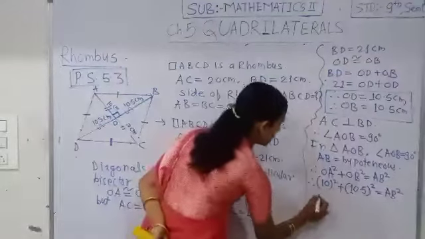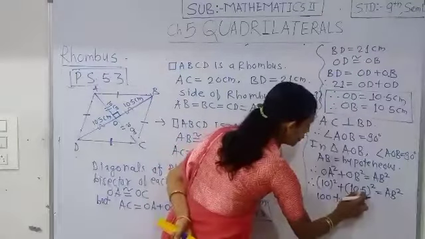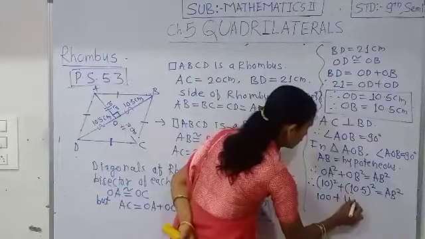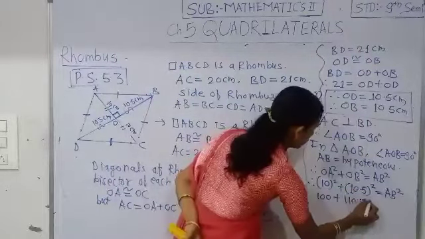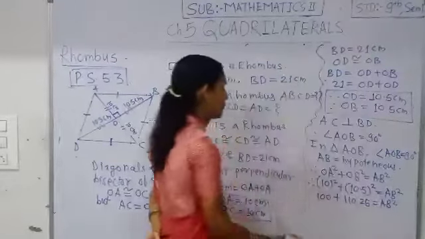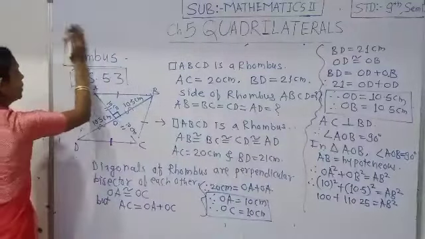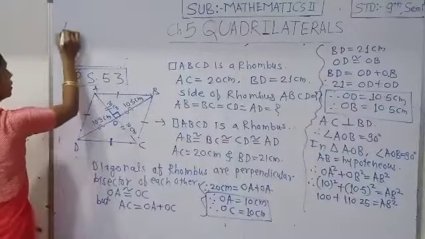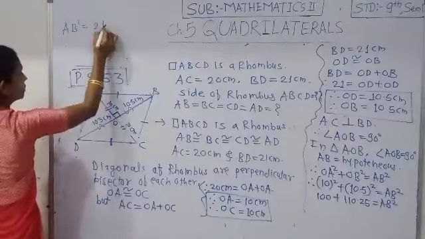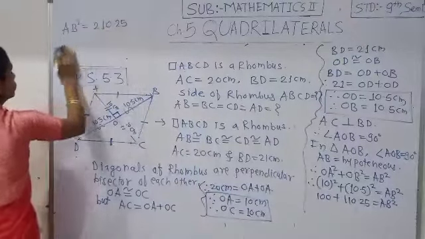Here 10 square is 100, plus 10.5 square, that means 110.25, is equal to AB square. Therefore AB square is equal to 210.25.